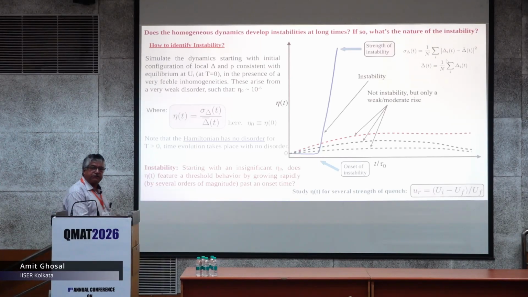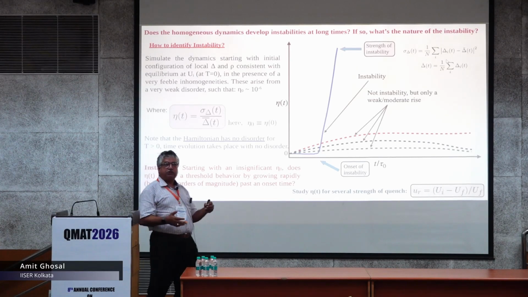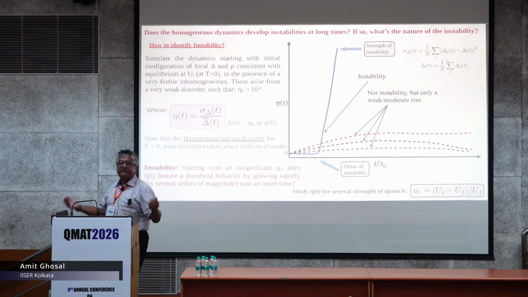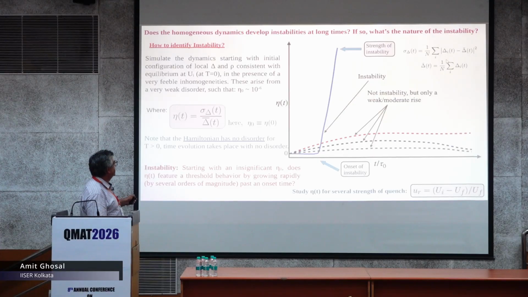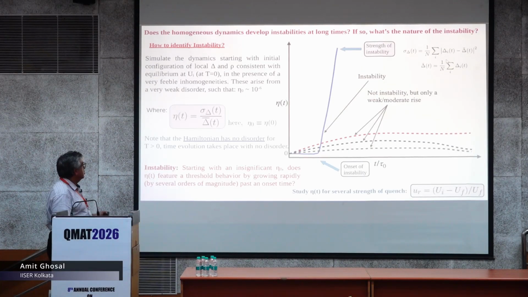And we do that purposefully to see if the homogeneous solution that we just discussed is stable to such a perturbation or not. So the identifier is something like eta, which is the spatial variation of delta given here, divided by the average delta. So to begin with, I had some eta which is put in by hand, some inhomogeneity that is very small.